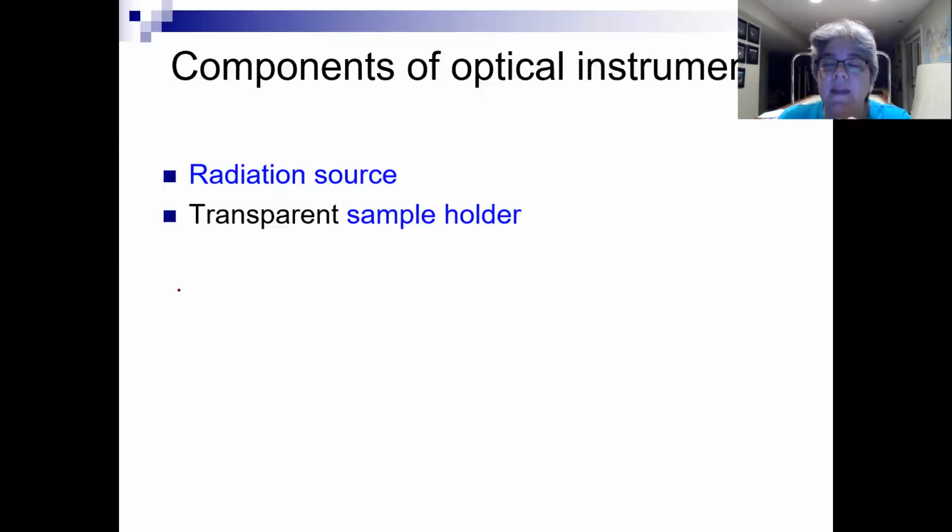So we said if I'm in the IR, I can use NaCl or KBr. If I'm in the UV, quartz. If I'm in the visible only, glass. If I'm in the UV-vis, quartz. All right, that's what you need to know about these 2 things. So pretty straightforward.